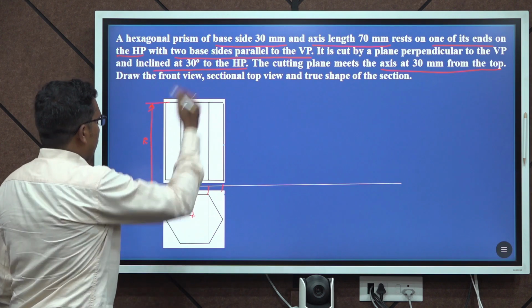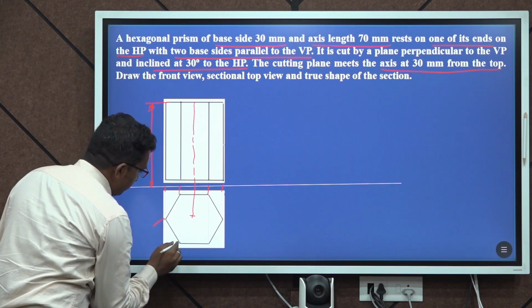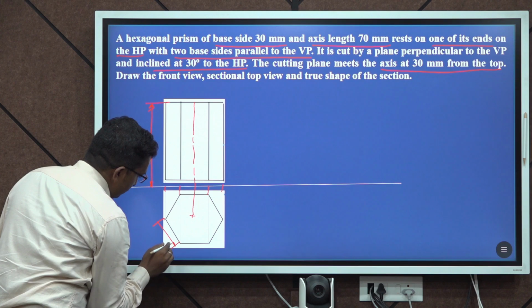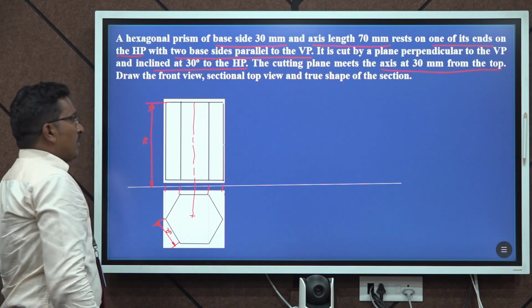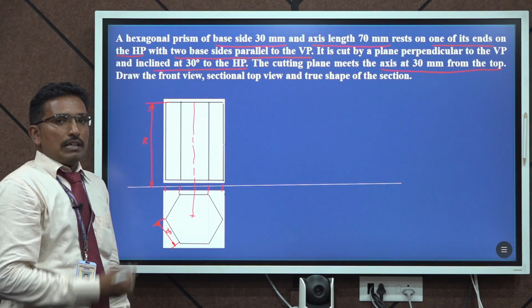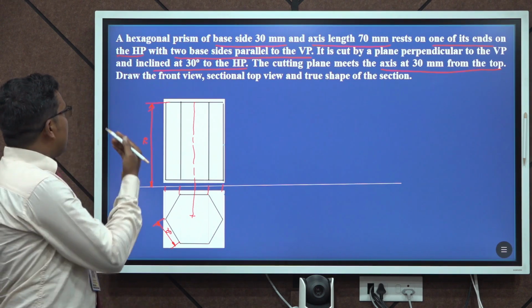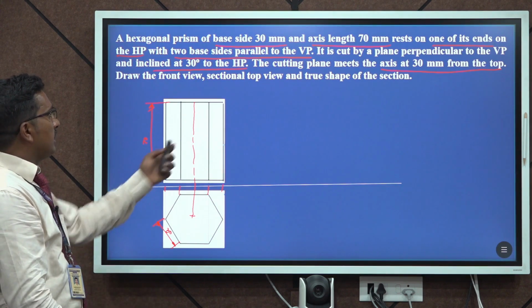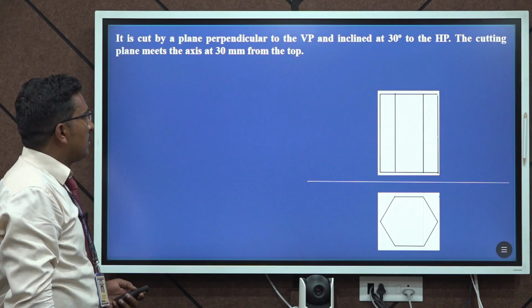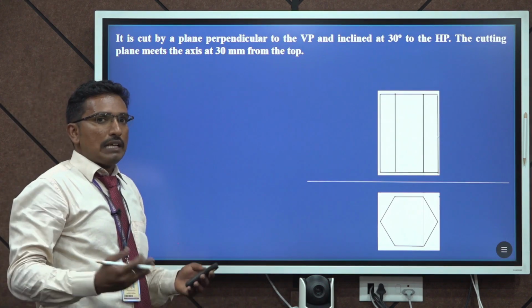We know that the base sides are 30 mm. Okay, now we have drawn the simple position for the given hexagonal prism. Now we are going to discuss the sectional views.